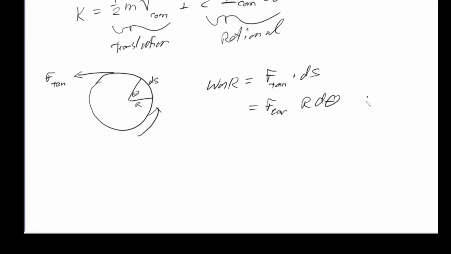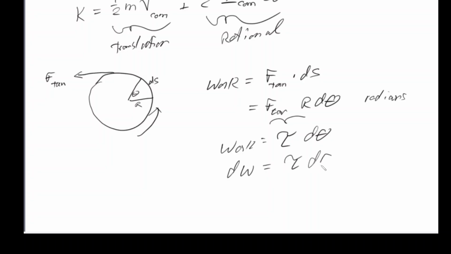And in this case, theta would be in radians. And we know that's equal to torque, so work becomes torque times d theta. Or we can say that dW is equal to torque times d theta.